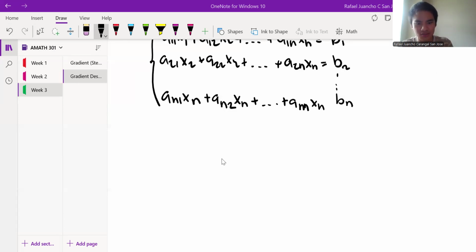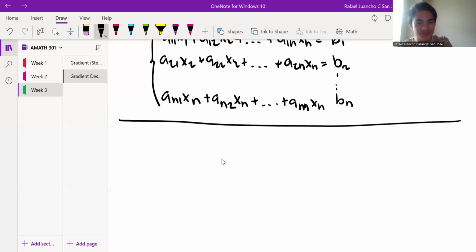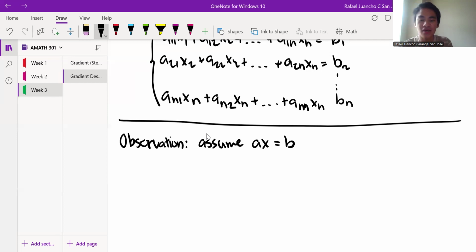Now we want to consider it from an Ax equals b standpoint, right? So here's the new lesson actually. So here's our observation. If we consider it from an Ax equals b standpoint, let's make some assumptions. Let's assume A, x, and b are all real numbers, right?